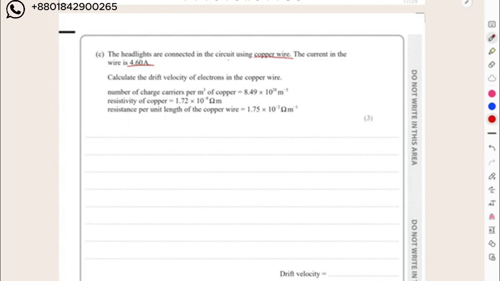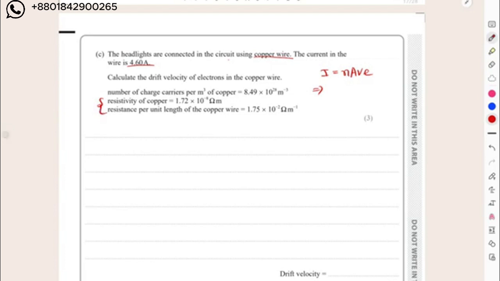For drift velocity, we're obviously using the equation I equals nAve, where v is the unknown drift velocity, and area is also unknown. For that area, they have provided you with resistance per unit length and resistivity.